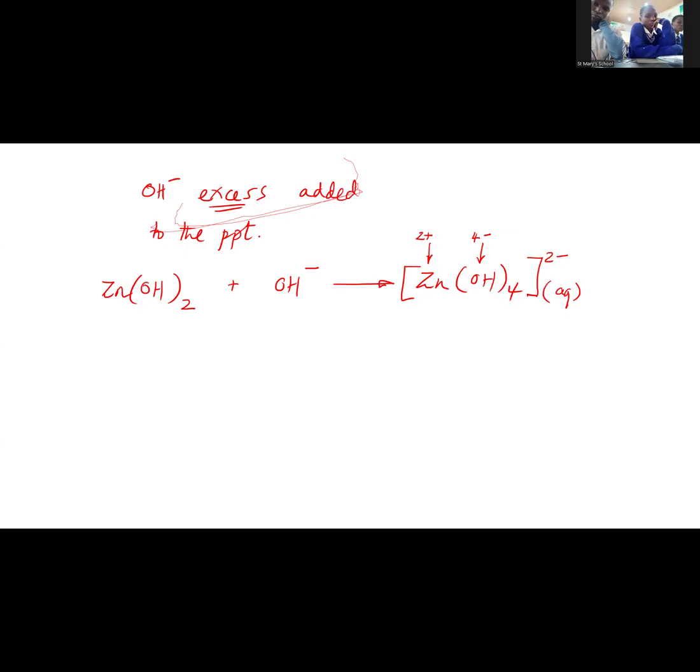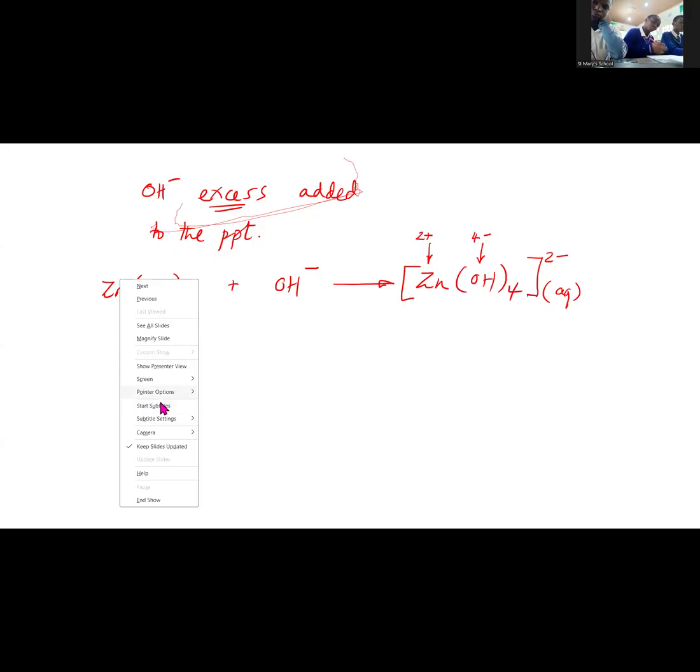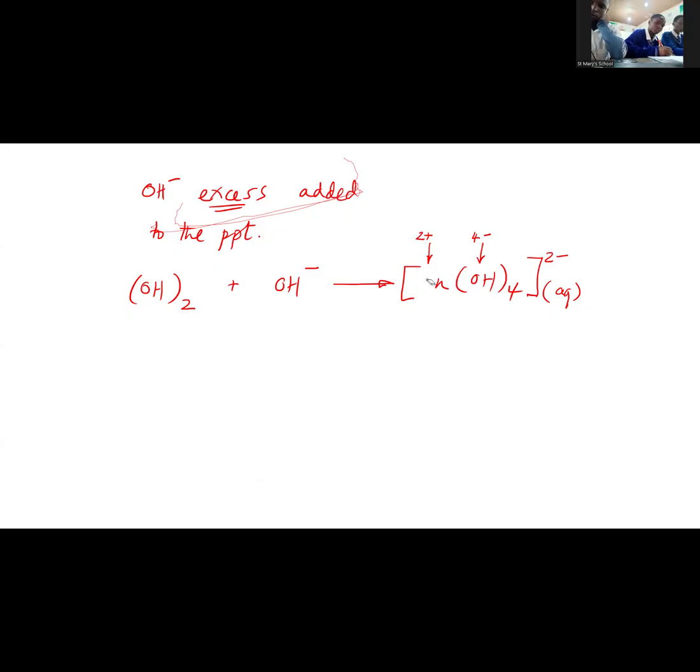So the nice thing about this is that, let's say I'm trying to do it for something else. I'm going to give you something which you don't need to know about. I'm going to start with chromium, because chromium is also amphoteric.